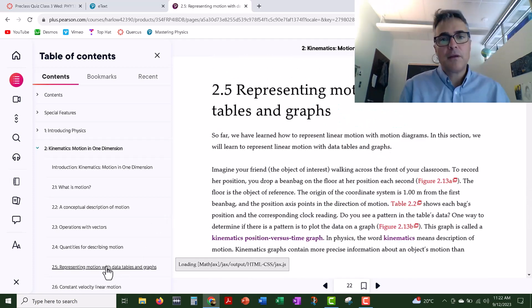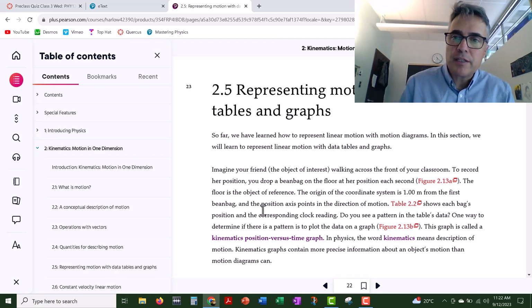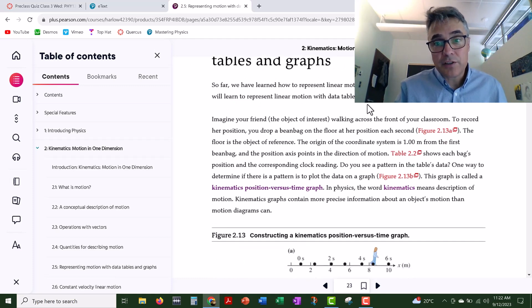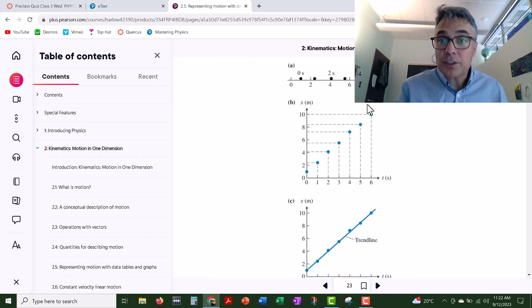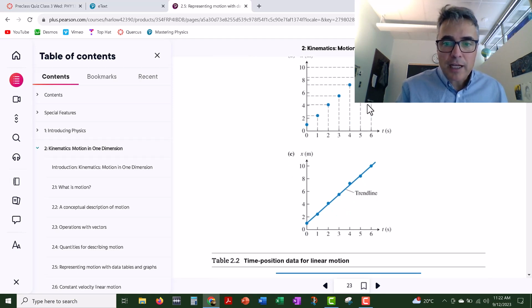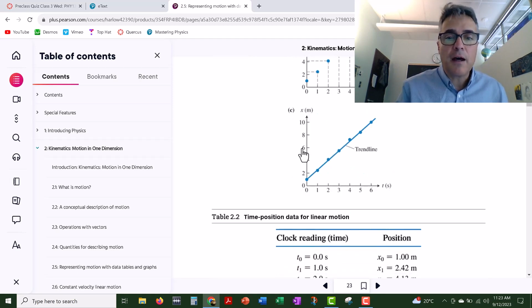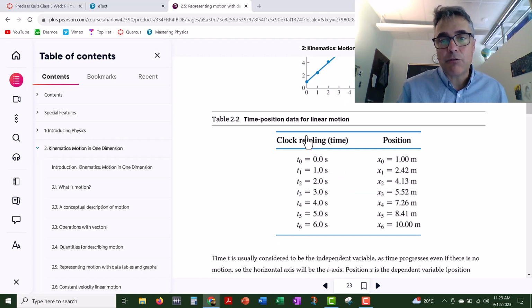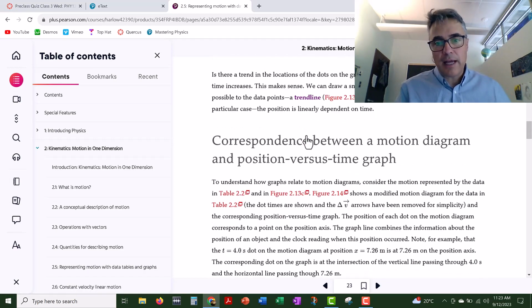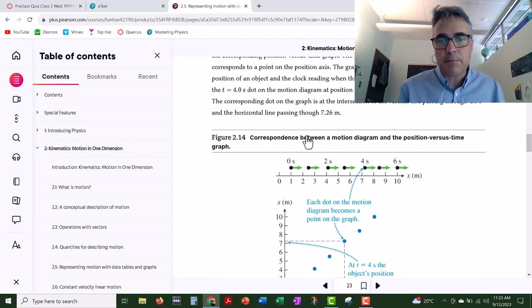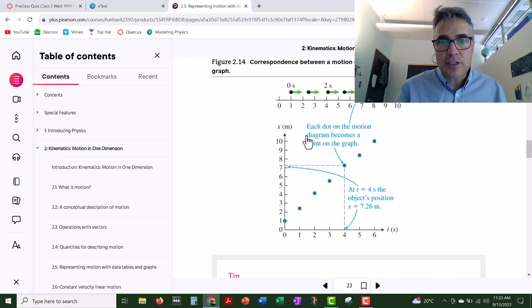Section 2.5 is representing motion with data, tables, and graphs, which is going to turn out to be very, very useful. But the basic idea is that if you have a stopwatch and a ruler, you can keep track of the time and the position, and then make a graph where the time axis is the horizontal axis and the vertical axis is the position, which in this chapter is x.